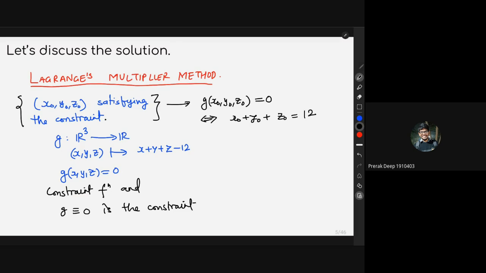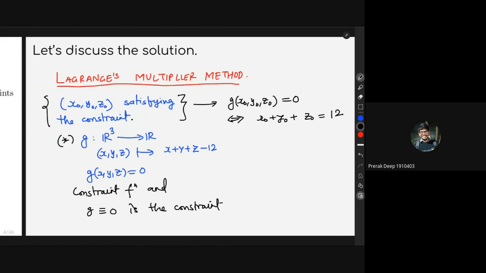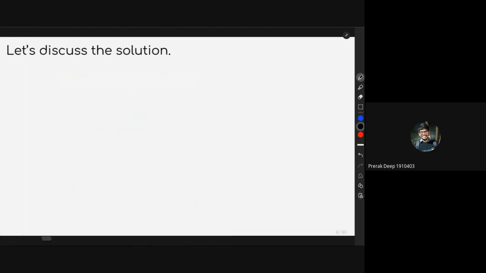Correct? So this is the constraint function.